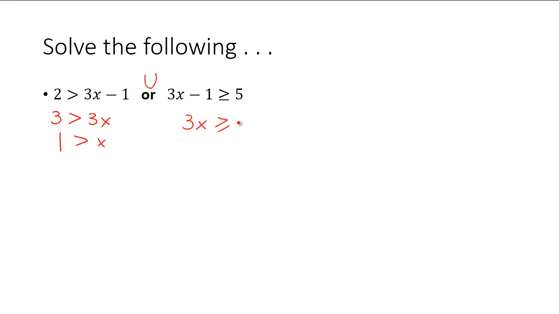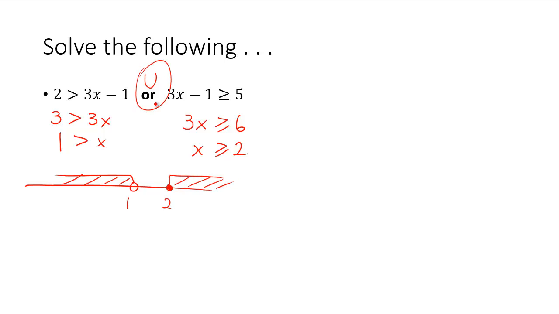So it's 5 plus 1 is 6, divided by 3, you have x greater than or equal to 2. So if you plot those two, you have x less than 1, not including 1, and x greater than or equal to 2, including the 2.